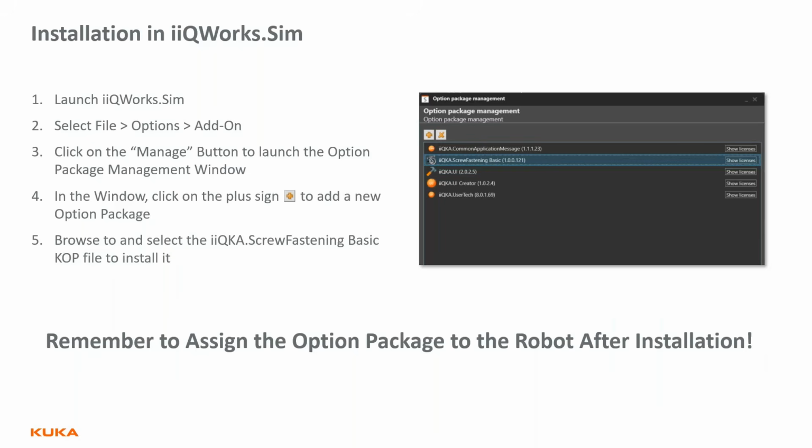After you hit the plus sign, you can browse to and select the iiQKA Screw Fastening Basic KOP file to install it. And after you do install the KOP file, don't forget to assign the option package to the robot in iiQWorkSim so that it will be installed when the user transfers the instance from the PC to the controller.